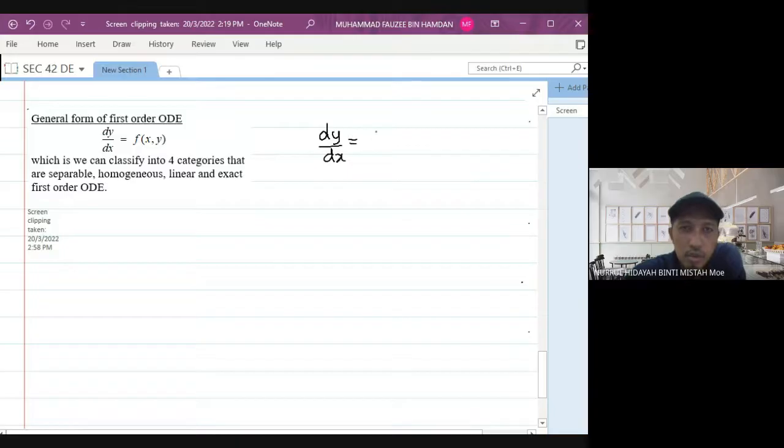This is equal to f(x,y). Okay. So this f(x,y) sometimes can be, if our f(x,y) is in this form, u(y) over v(x).